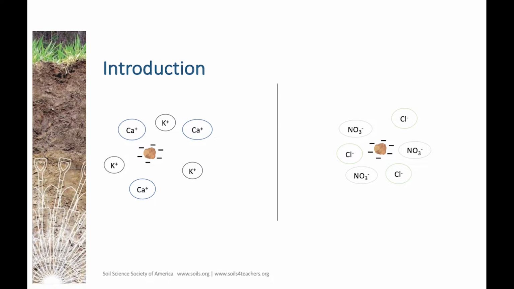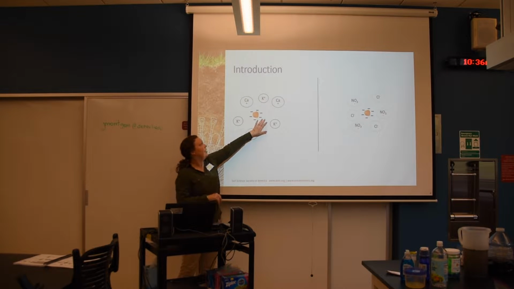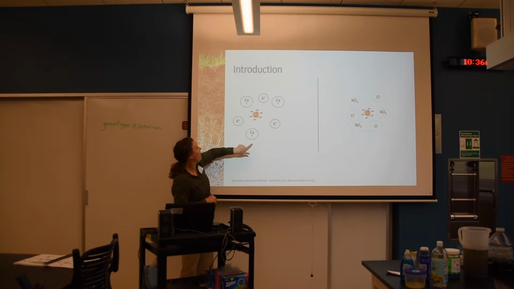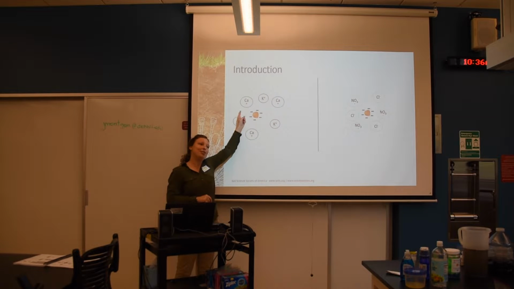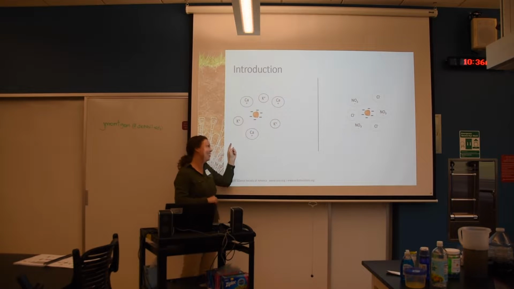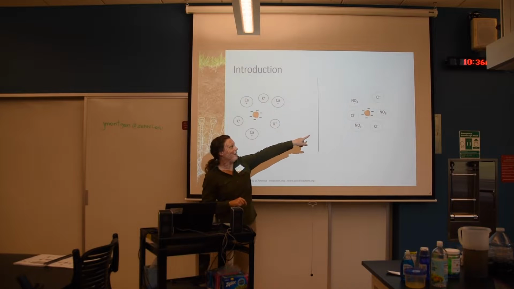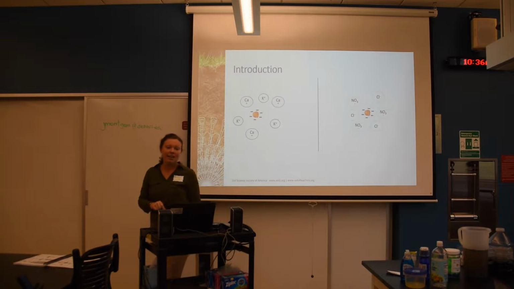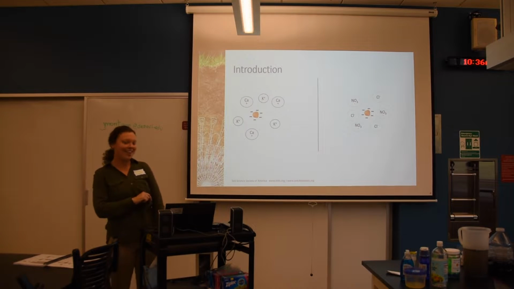So this is just a little animation. We've got clay particles here in the middle, and you see the little bars indicate negative charges. Here we have a clay particle surrounded by positively charged ions, so they are cations. Very good. And then on the other side we have a clay particle surrounded by negatively charged anions. Awesome.